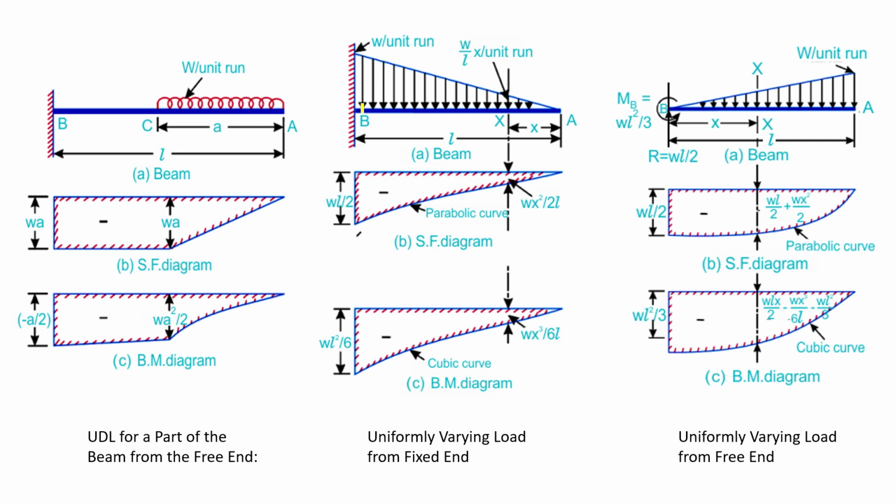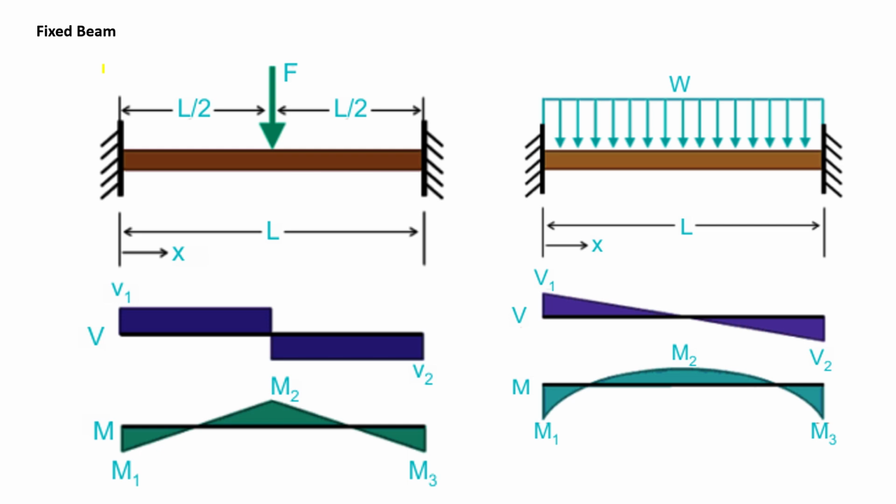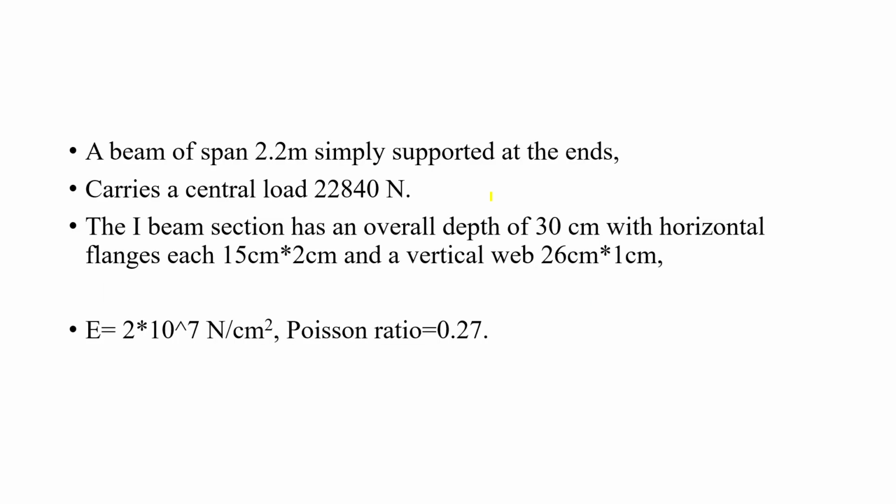And the next one is the UDL which is varying from the fixed end, and this is the uniformly varying load from the free end, like that. Different load configurations they have shown. And this is for the fixed one, point load and uniformly distributed load. So I will show just 2-3 cases. You can try the remaining cases.